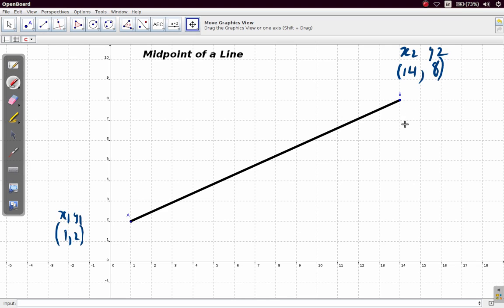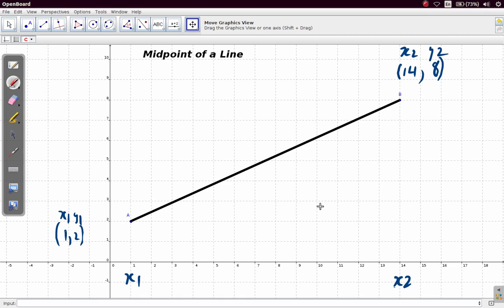Now, we expect that the midway between x1 and x2 is somewhere along here, probably within this region here, wherever it is. Now, how we find it exactly is to calculate the average of x1 and x2.